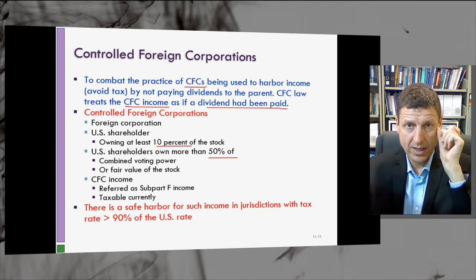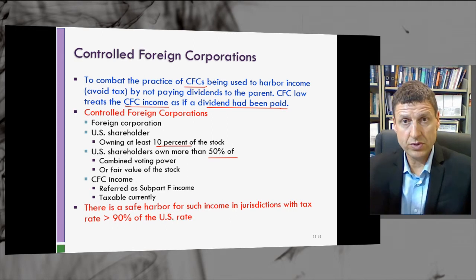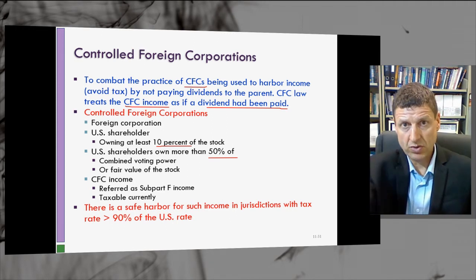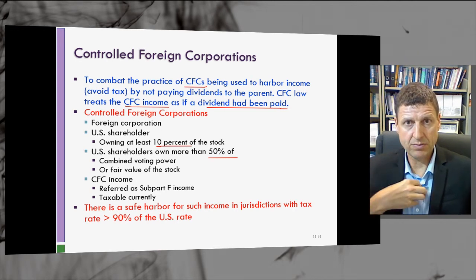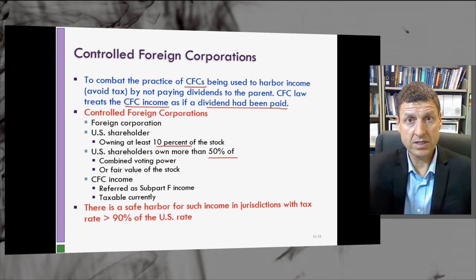So the US tax law will deem my company to be a foreign controlled corporation, and any income it earns will be deemed as dividends paid back to my home country as the parent. Even though I make the decision for it not to pay a dividend, there will be a notional dividend deemed to have been paid by the US tax authorities.